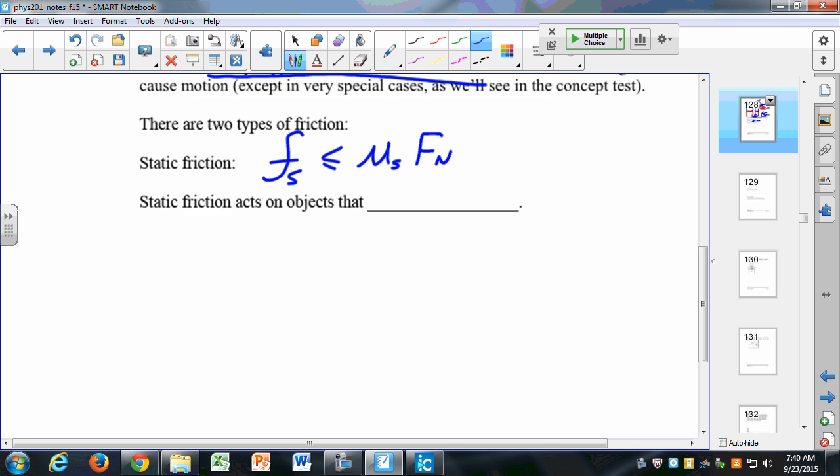And this static friction acts on objects that are stationary, are static, that are not moving. This mu s is the coefficient of static friction.